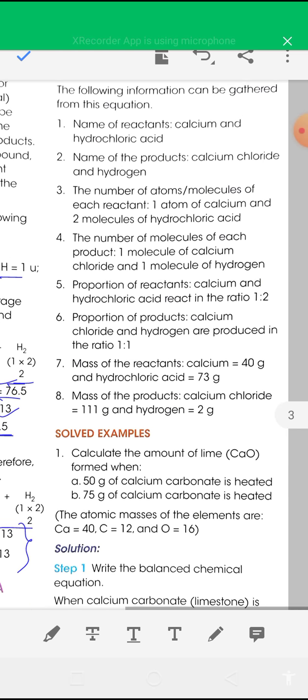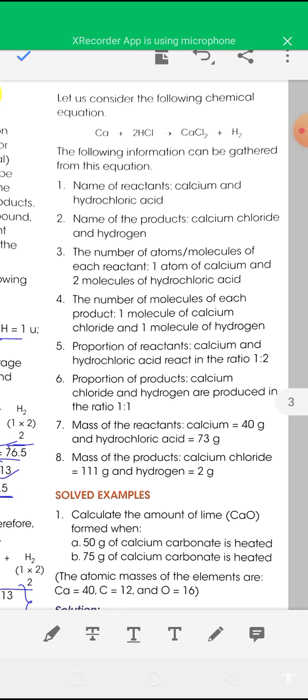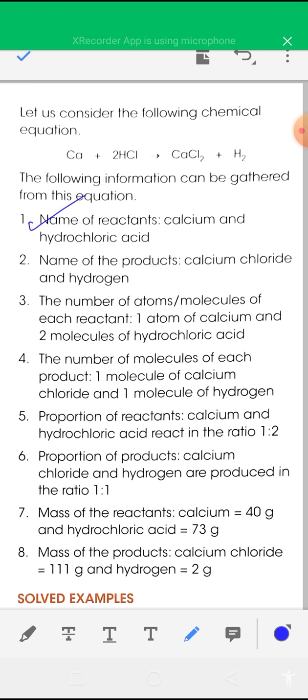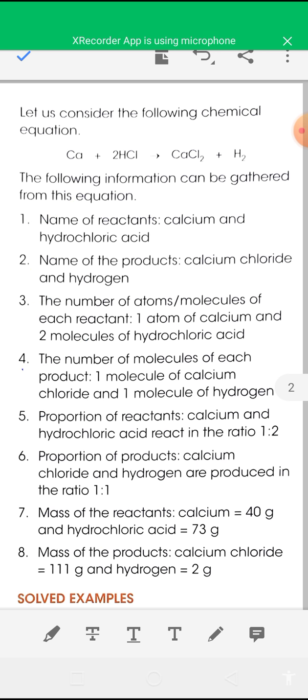Which information can you get from it? The names of the reactants, the names of the products, the number of atoms or molecules of each reactant and each product, the proportion of reactants and products, and the mass of reactants and products. All this data you get from a chemical equation.